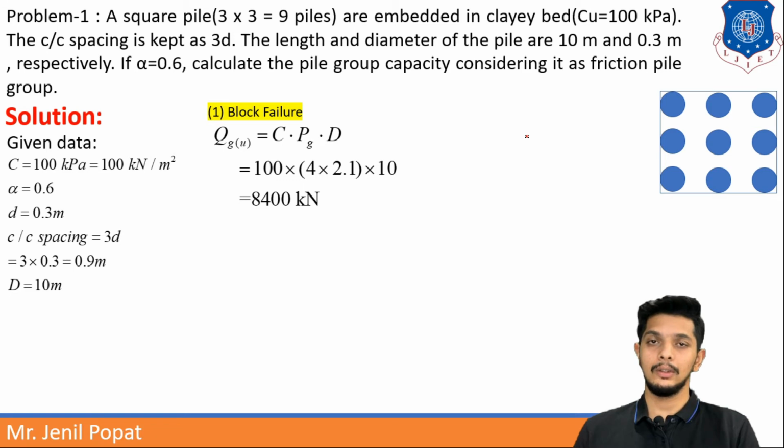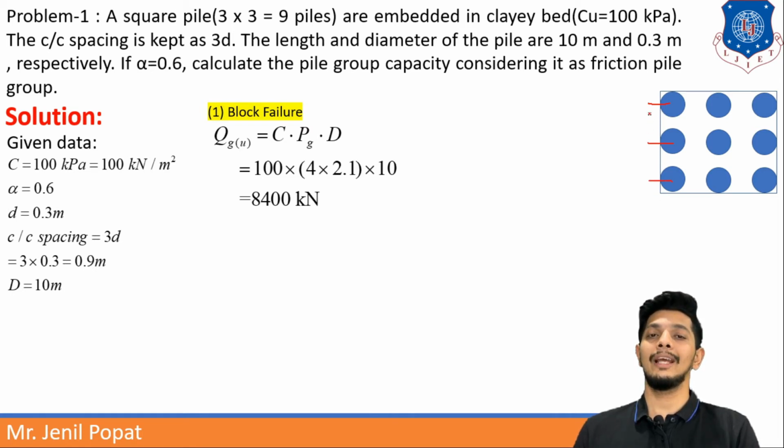Now PG is what? Perimeter of the group. We have four sides, right? It is making a square, so I have to multiply 4 into the perimeter length of one side of this square. Calculating one side, the center to center spacing is given as 0.9 meter. So this distance is 0.9. Same way this is also 0.9.